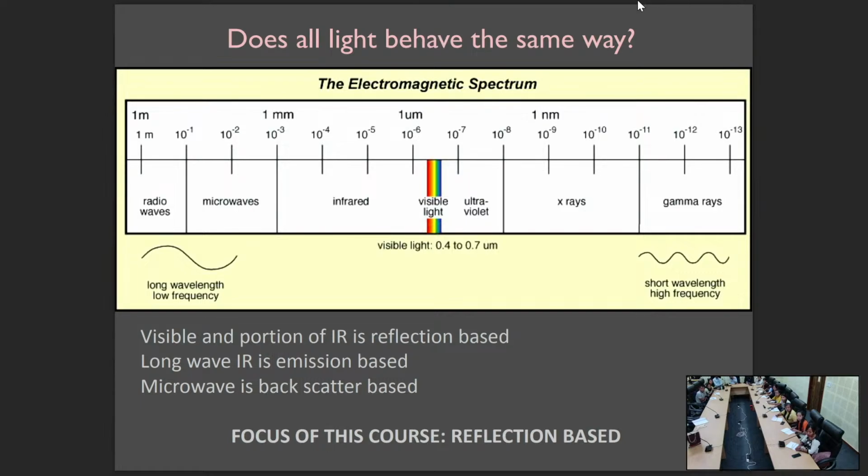So we have violet to blue over here, and then we have red over here at 700 nanometer. Beyond that is called the near infrared, short wave infrared, long wave infrared, and then for the next step we have microwaves and radio waves.